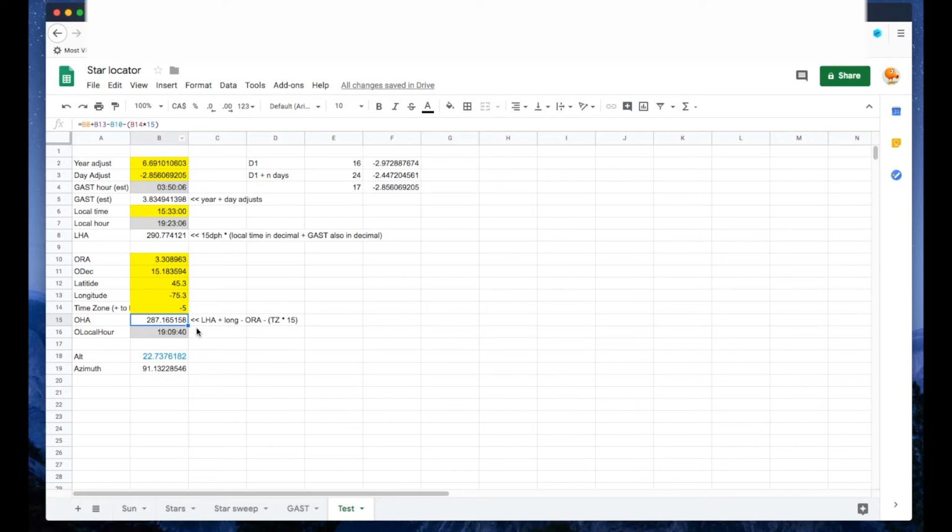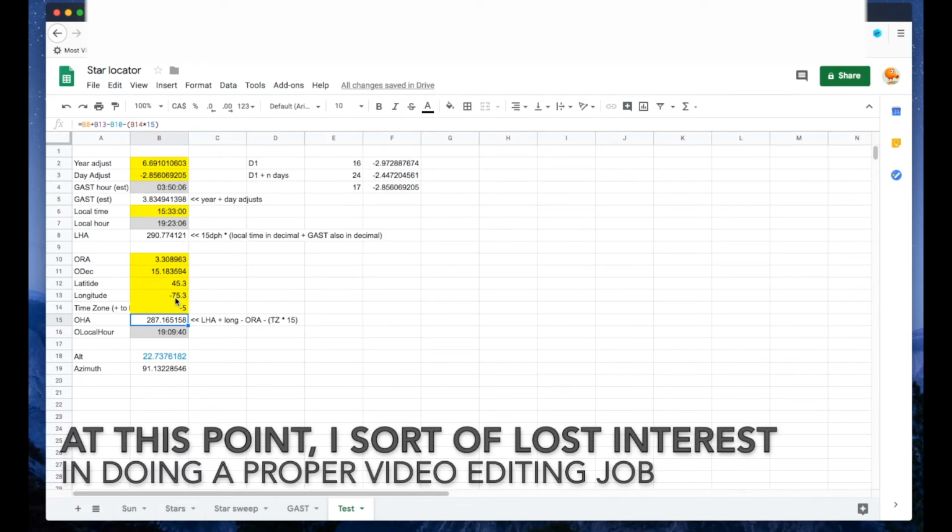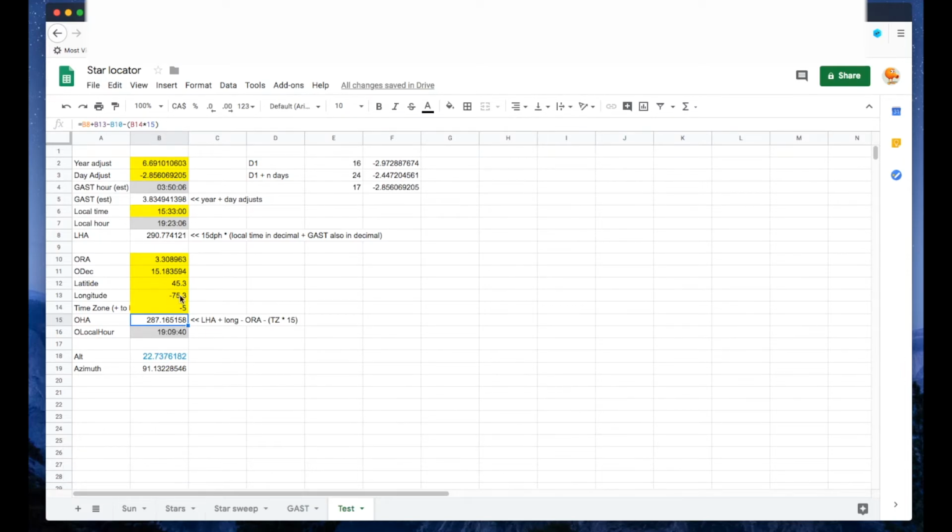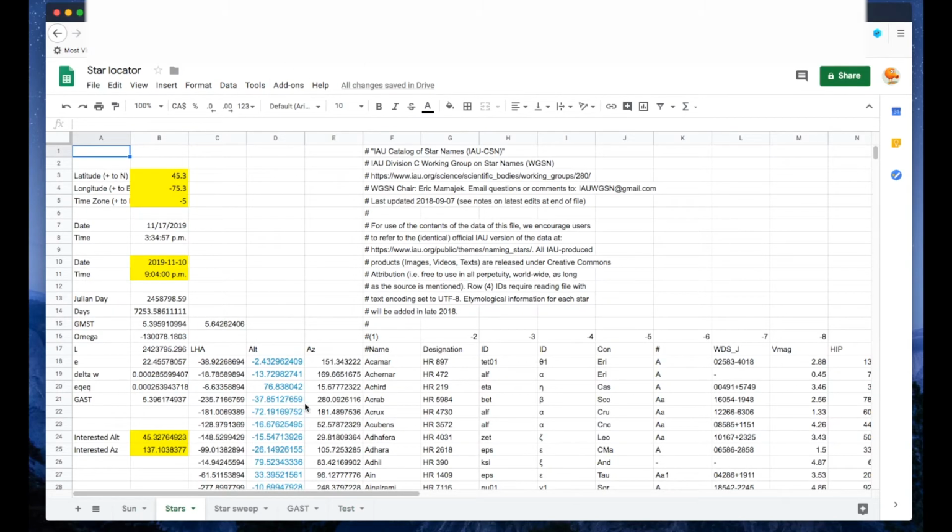So now what we do is we take our local hour angle that we calculated, which is represented in degrees, and we add our longitude. So in this case here, we're subtracting 75.3 degrees longitude, and we're subtracting the object's right ascension, and the object's right ascension is going to be for a particular star.